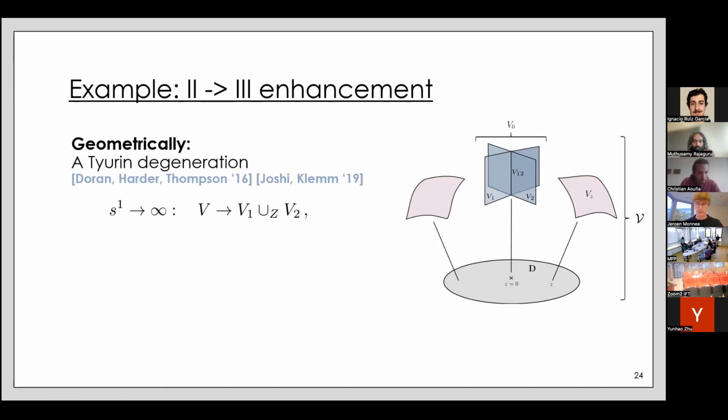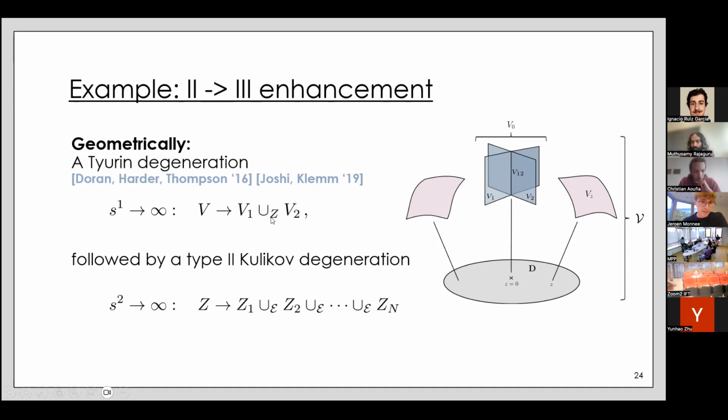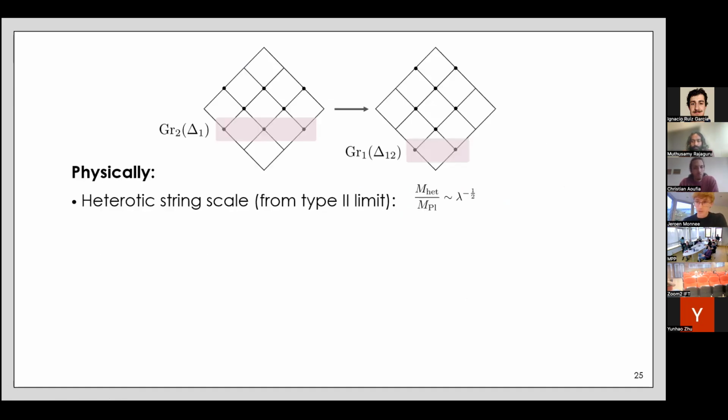That means that your Calabi-Yau splits into two components, which intersect over a K3 surface, Z. And then you could imagine that when you send your second saxion to infinity, this K3 surface at the intersection itself undergoes what is called a type 2 Kulikov degeneration, which means that the K3 now itself splits into a bunch of components which intersect over elliptic curves. This is what happens geometrically.